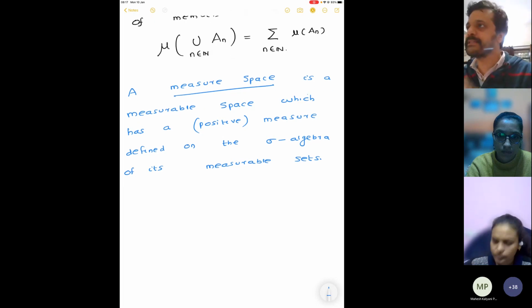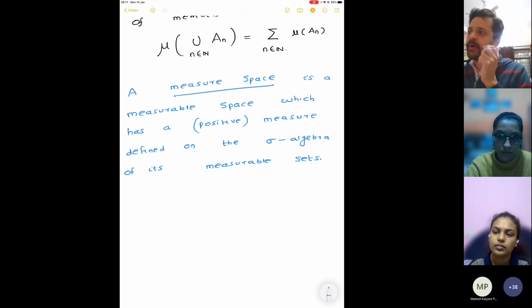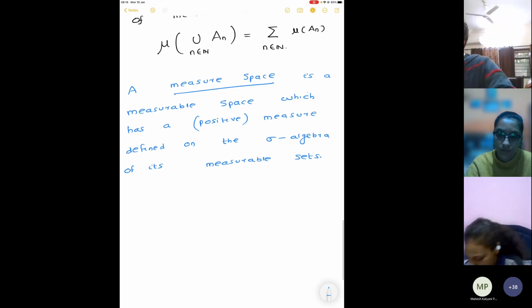Essentially, a measure space means you have a set, you have a sigma algebra, and you have a measure. So it is a triplet, omega, B, mu. That triplet is called a measure space.